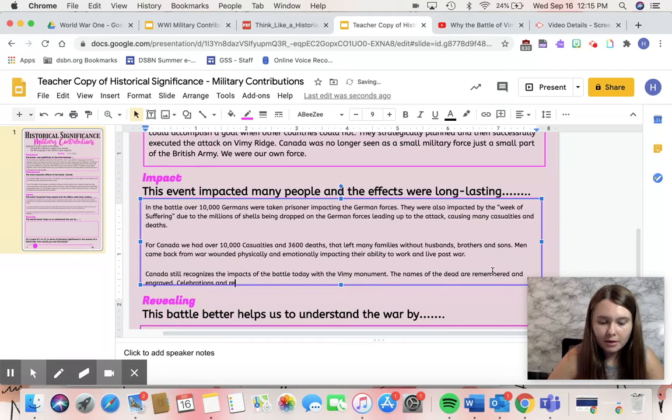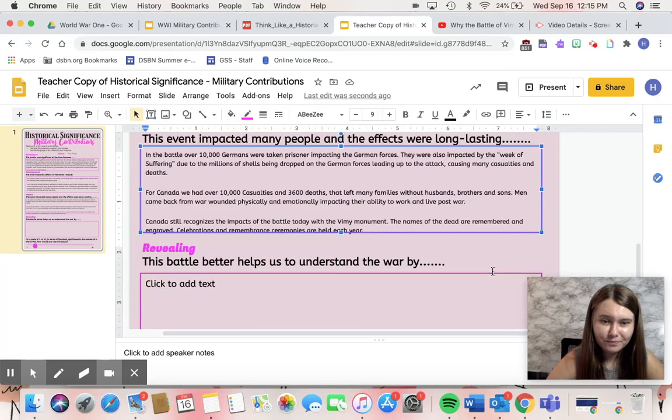Celebrations and remembrance ceremonies are held each year. So that shows how long-lasting it is and how it's happened since World War I.